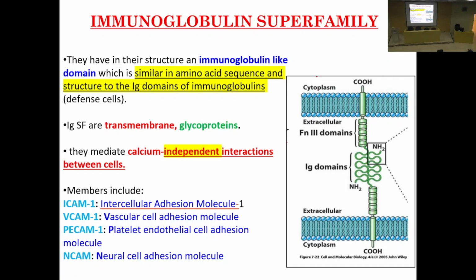Okay, so we have ICAM, VCAM, PCAM and NCAM. What does CAM mean? CAM is the abbreviation of cell adhesion molecule, and then you have I, V, P, N, which stands for the tissue where we found them. Okay. Clear?